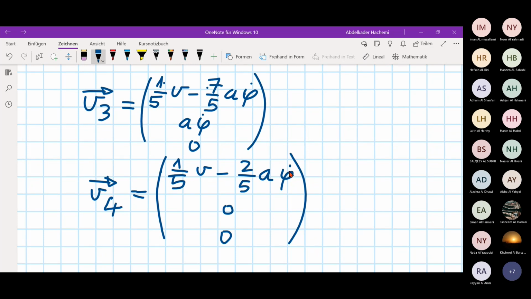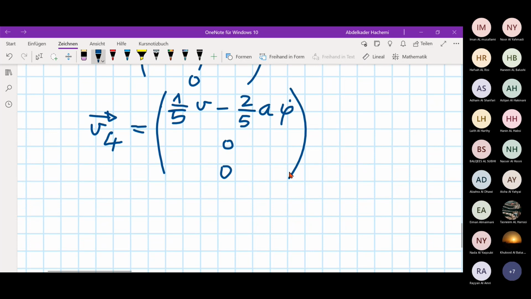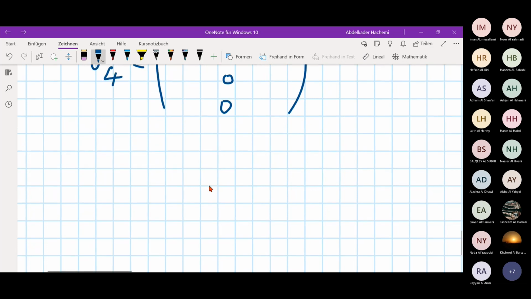Okay, this we can use what we call the momentum of the momentum.